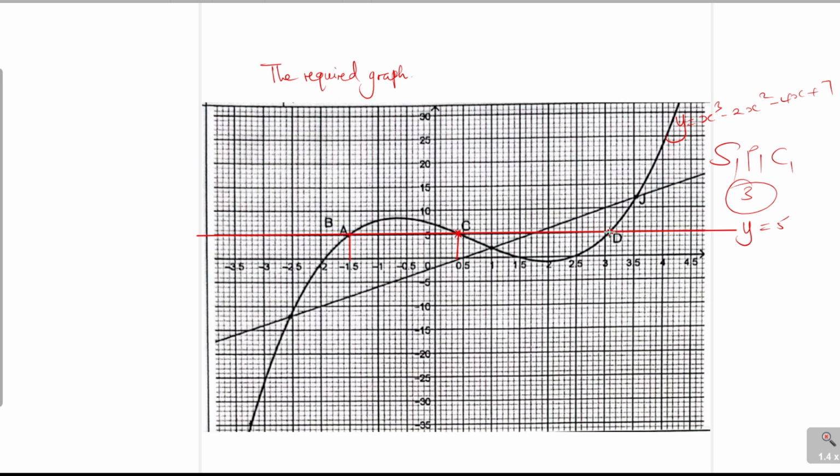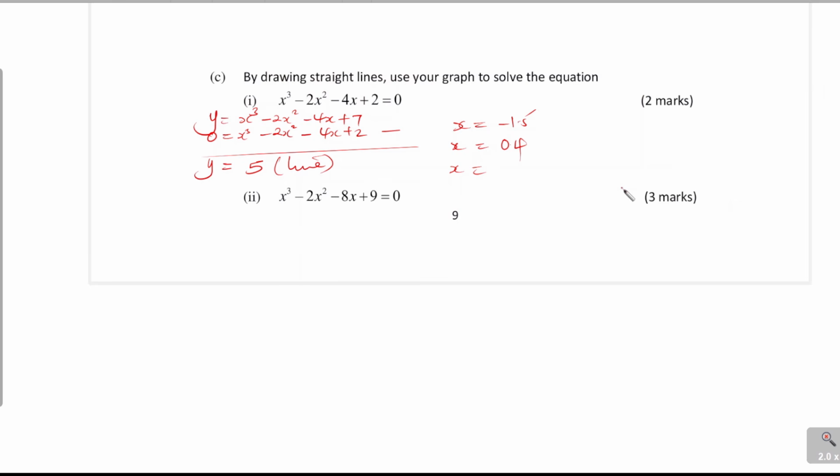That is a point of intersection, and that point is 3.1. So those are the three solutions: negative 1.5, 0.4, and 3.1.